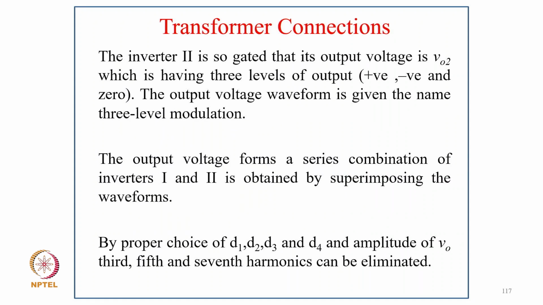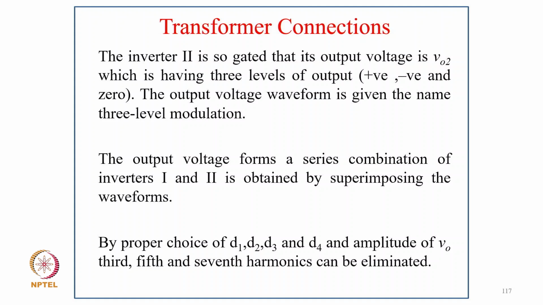So inverter 2 is so gated that its output voltage VO2 has 3 levels of output, plus, minus and 0, and the output voltage waveform is given the name 3-level modulation. The output voltage from the series combination of inverter 1 and inverter 2 is obtained by superimposing the waveforms by proper choice of D1, D2, D3 and D4.